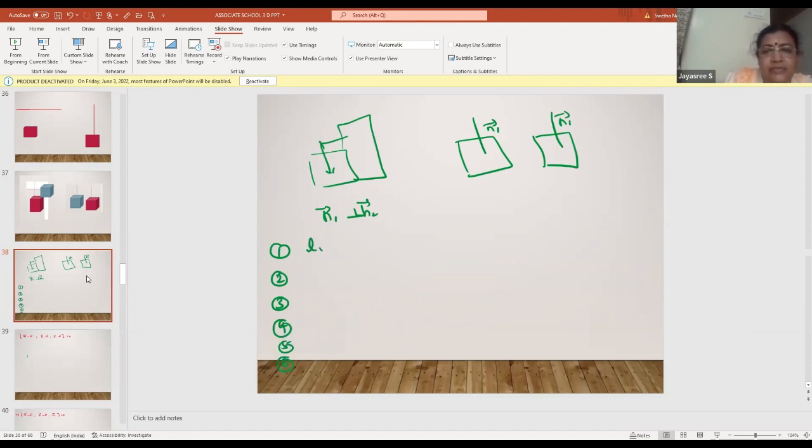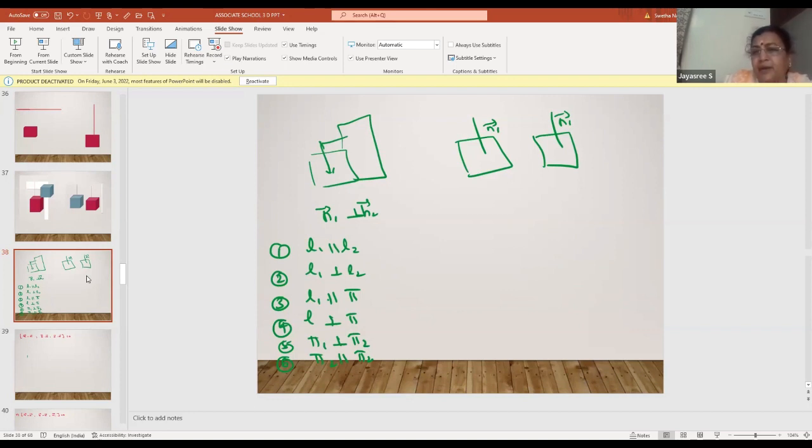When lines are parallel, what is the concept? When lines are perpendicular, what is the concept? When a line is parallel to the plane, what is the concept? When a line is perpendicular to the plane, what is the concept? When a plane is perpendicular to a plane, what is the concept? When a plane is parallel to a plane, what is the concept? Very often recalling all these things will avoid confusion among the children.